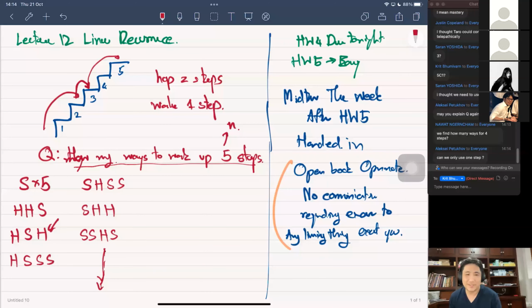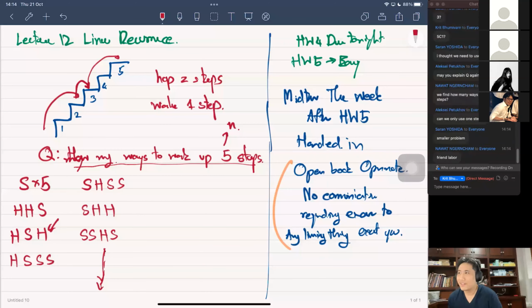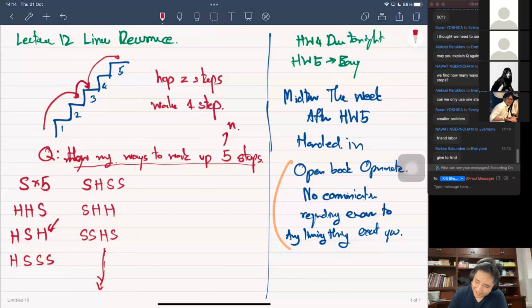What do we do? Friend neighbor, good. We have a lot of friends. We have T4, the number of ways to walk 4 steps. We have T3, the number of ways to walk 3. We have T2. We have all the friends you need, but you do not have T5. T5 is what you need.